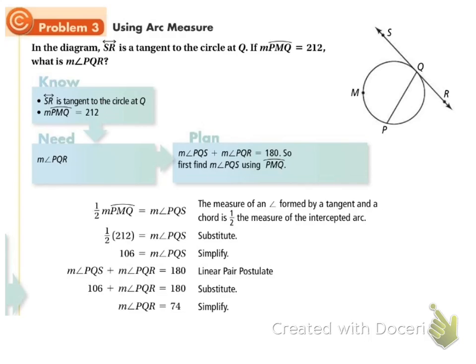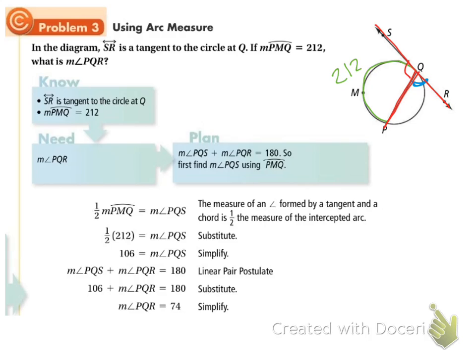So in the diagram, SR is a tangent to the circle at Q. So here's our tangent line right there, right? If the measure of the arc PMQ, let's mark that, if the measure of that arc is 212, what is the measure of angle PQR? Okay, so we're looking for that angle right there. Well, here's the tangent, and here's the chord.